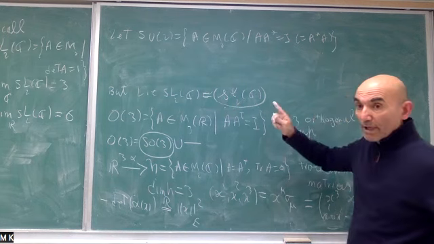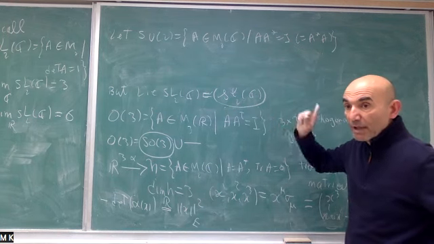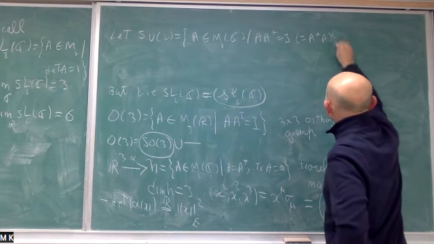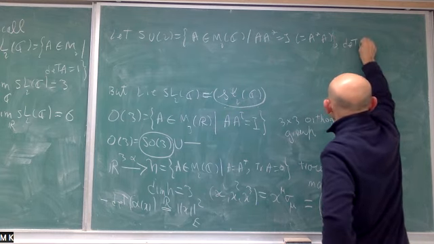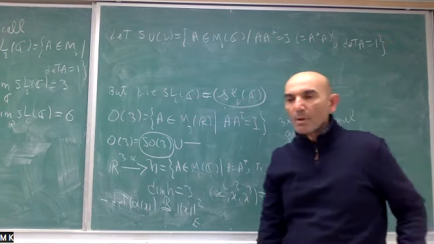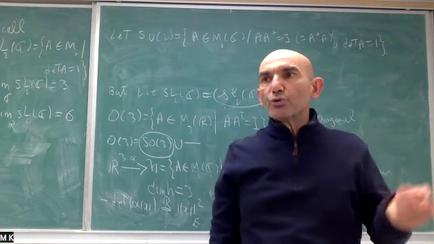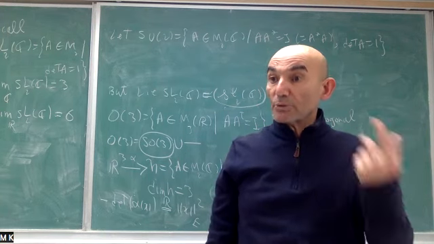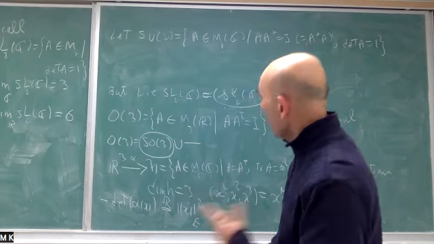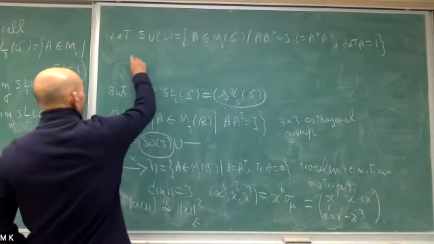And let's not forget, determinant of A is 1. Let's not forget this, because being in U2 means that the determinant has absolute value 1, but this one has determinant you want to fix.